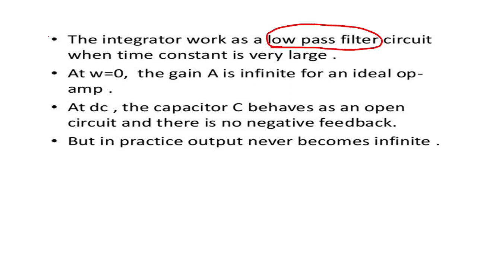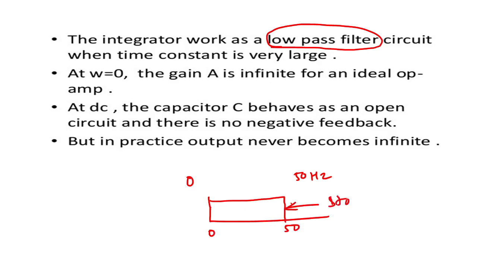So what exactly is meant by a low pass signal? Suppose we have signals from 0 to 50 hertz. It will pass the signal from 0 to 50, and above that it will stop the signal. You can say it will attenuate the signal.